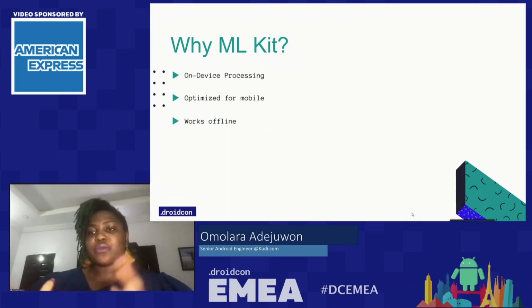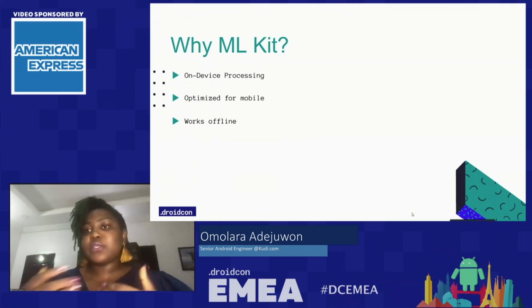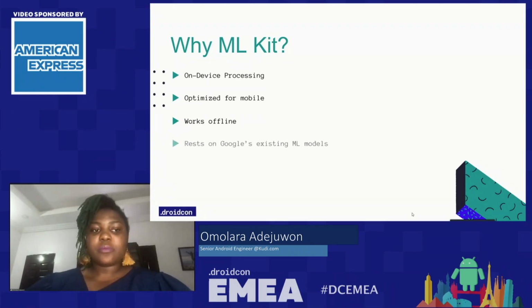Once you've added the dependencies to your app, all the processing you need ML Kit to do for you is done on the device and is available offline. You don't have to worry about internet connection, because in Nigeria most of our users are people in remote areas where internet access is such a luxury. So we have to put these users in mind when choosing the tool to use.